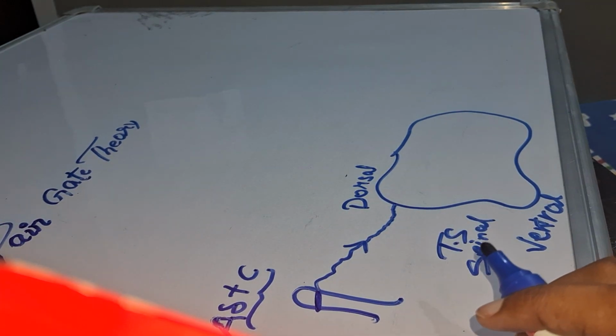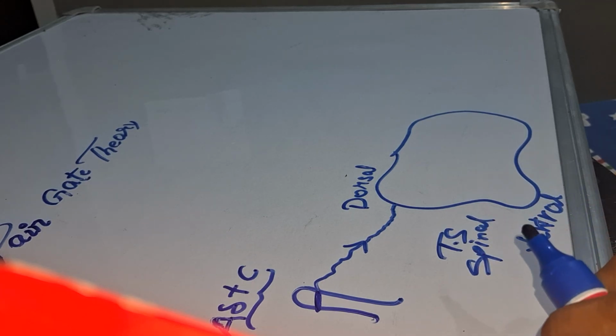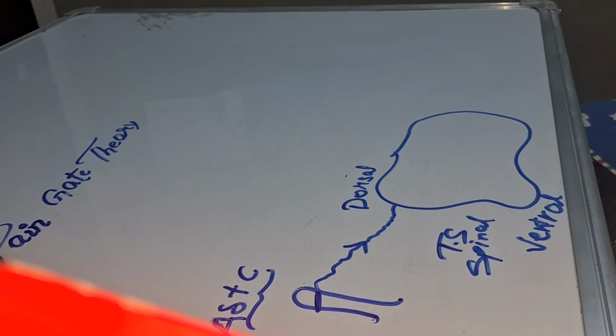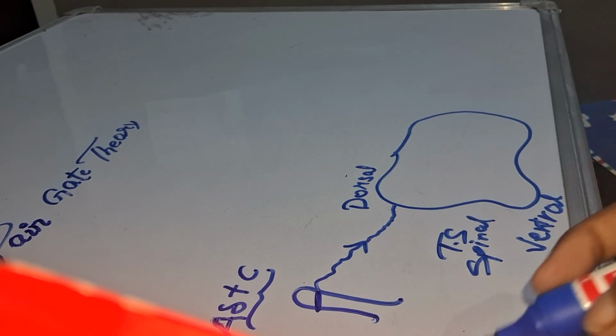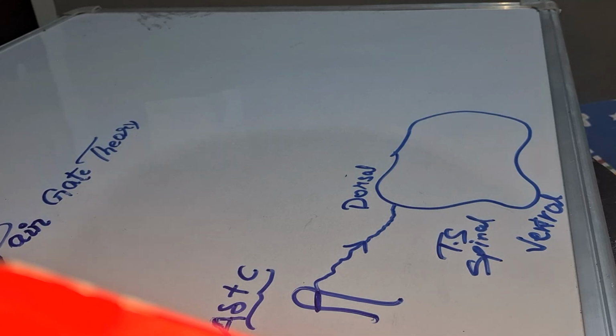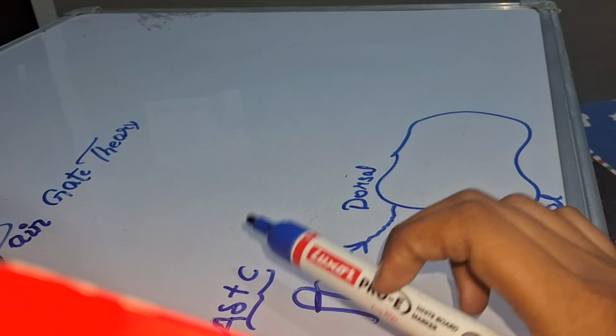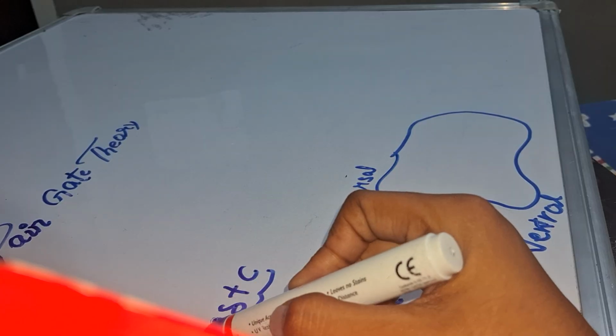Now the thing is, we have applied the TENS. TENS is applied, so a tingling effect, known as paresthesia, is there. The tingling will travel. Now the pain is being blocked.